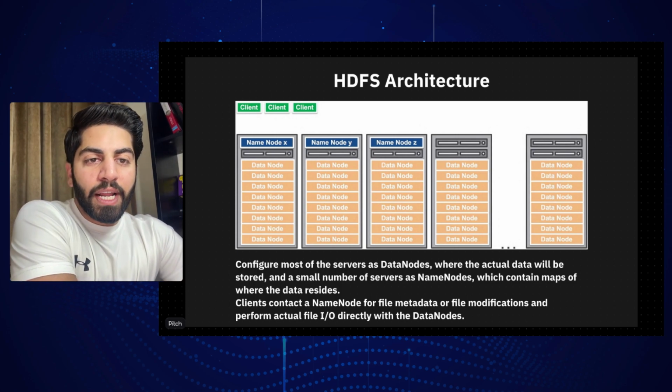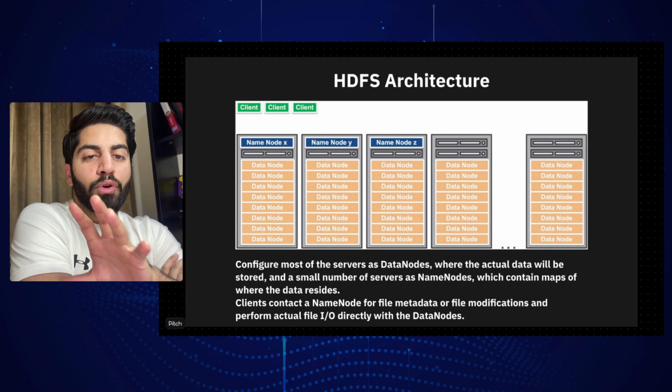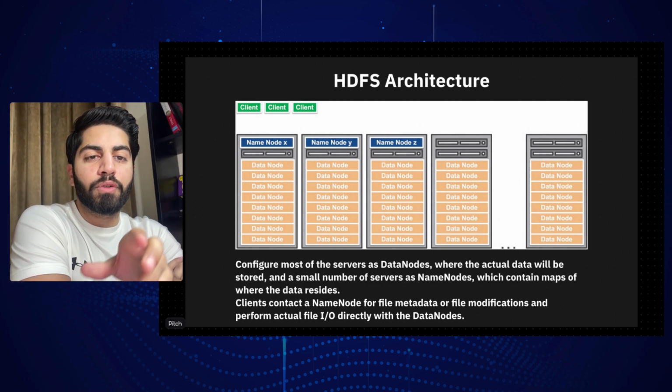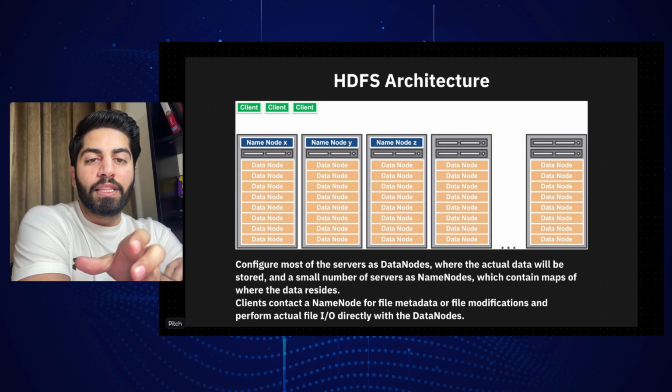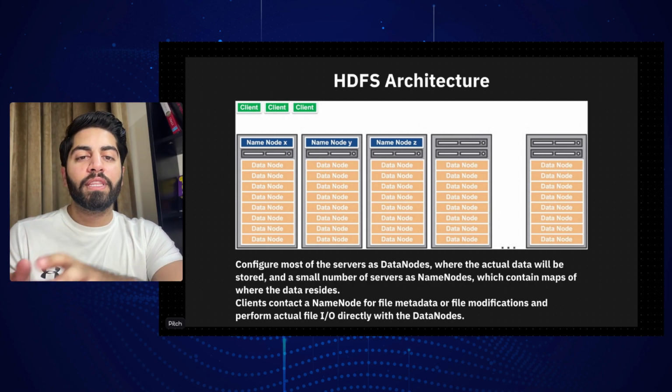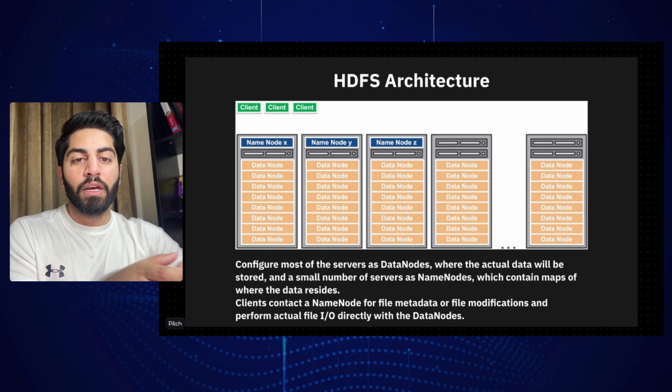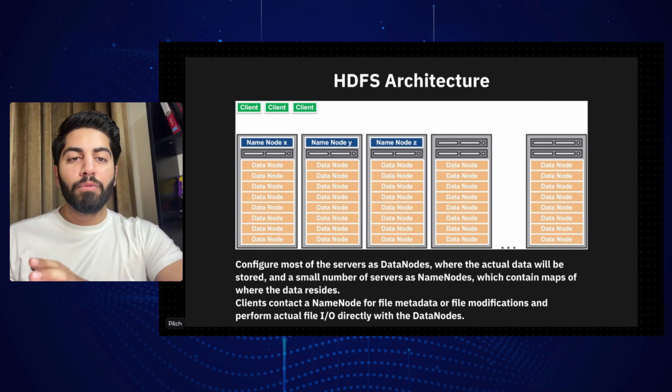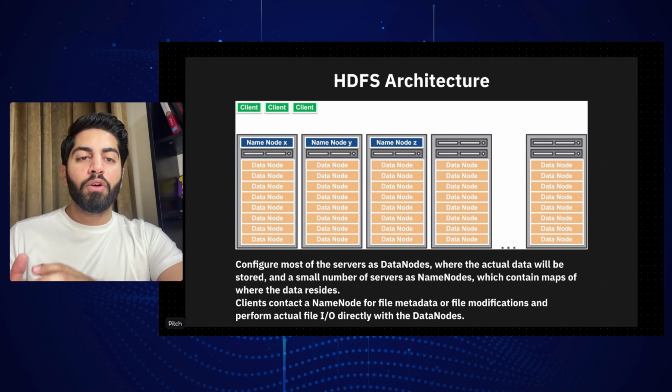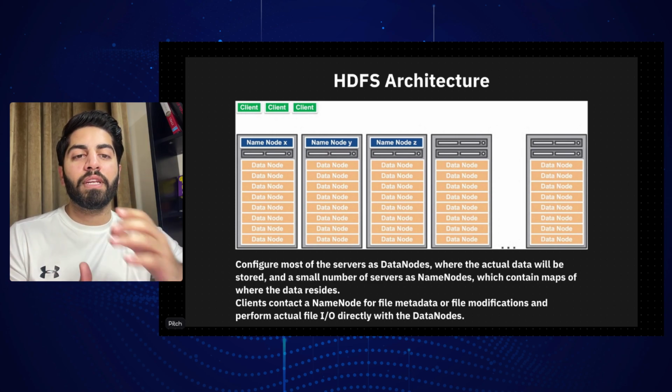Mostly we have a majority of them as data nodes, and a small number of servers are name nodes that contain the mapping of where the data actually resides. Clients contact the name node for file metadata or for file modification and perform actual IO directly with data nodes.